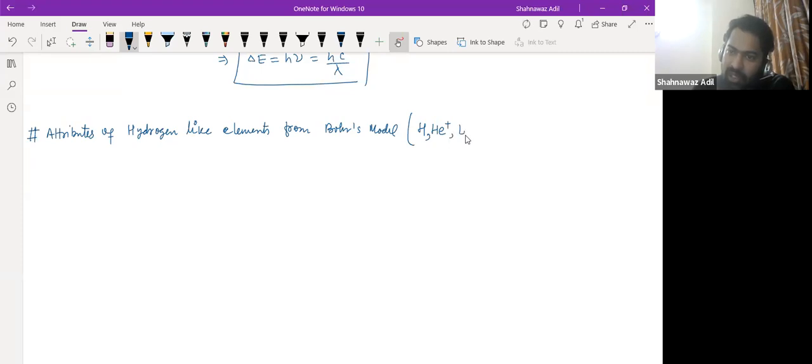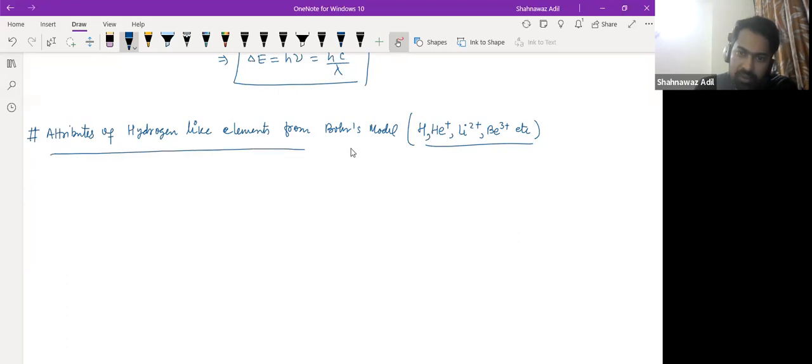Similarly, we have lithium, where we take out two electrons, and beryllium, where we take out three electrons. So these kinds of elements are hydrogen-like elements. What is hydrogen? We have a nucleus and one electron revolving around it. That kind of element would be called a hydrogen-like element.